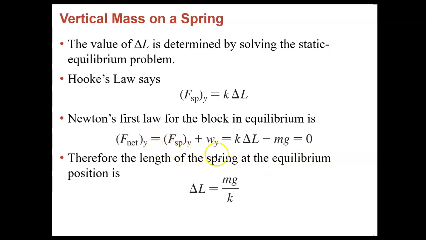So this takes into account the spring minus the weight, and at equilibrium, the net force would be 0, because at equilibrium, the spring force pulling up is equal to the weight pulling down. So that means if the spring force minus the weight is 0, the spring force needs to equal the weight. So you can rearrange it to solve that the length is mass times gravity divided by your spring constant.